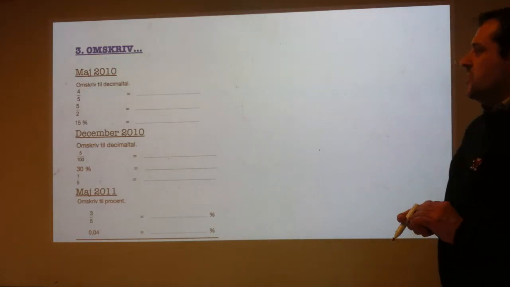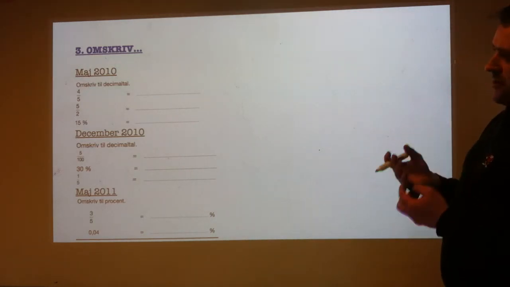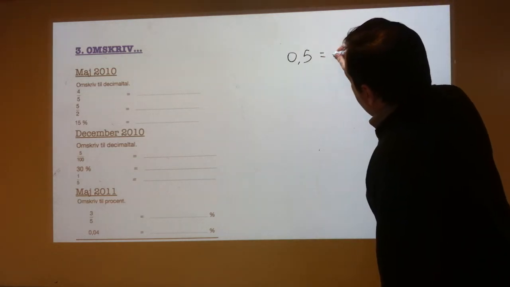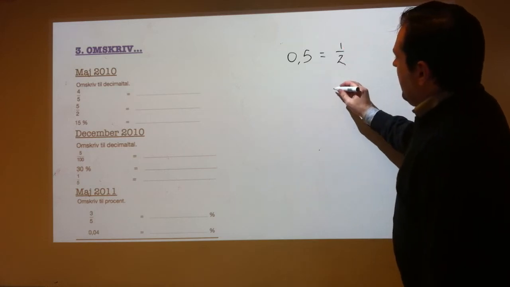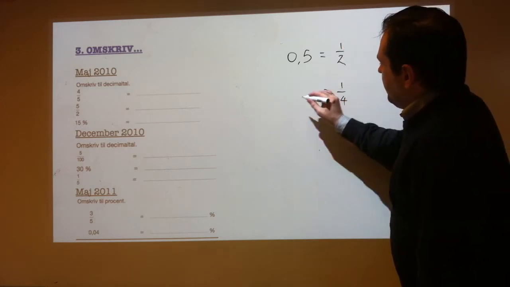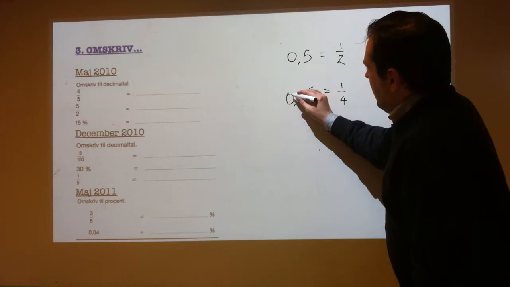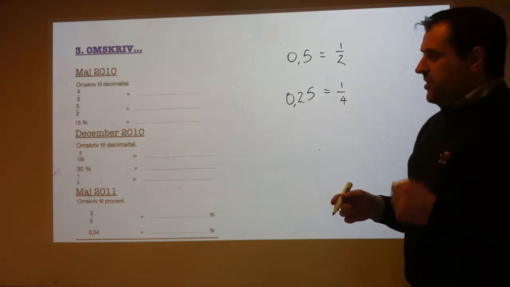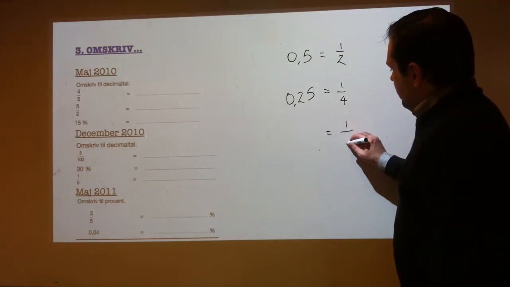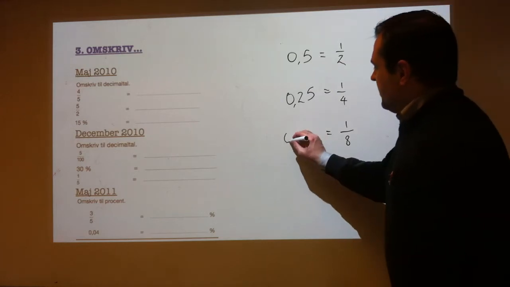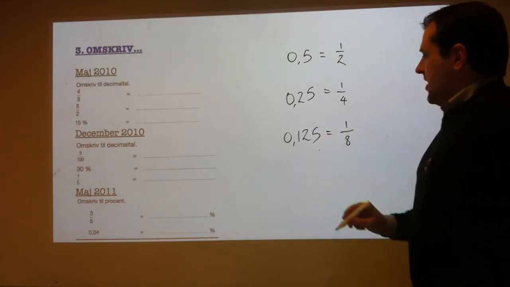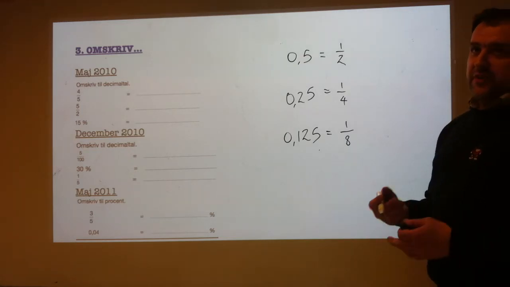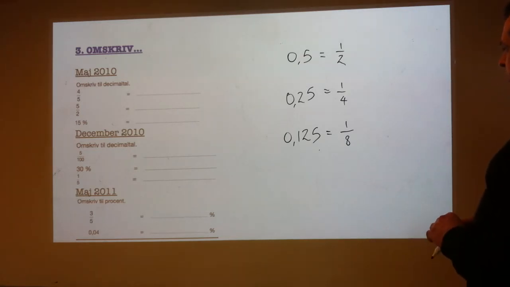Another thing that you need to know is the basic fractions and their decimal equivalents. So most people know that 0.5 is the same as a half, that a quarter is 0.25, and from that you can figure out what 3/4 is, if you can't remember it. And then you should know that an eighth is 0.125, and from that you should be able to figure out things like 3/8, 5/8, 7/8.